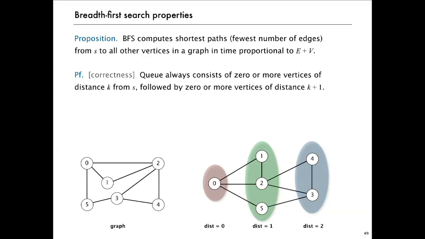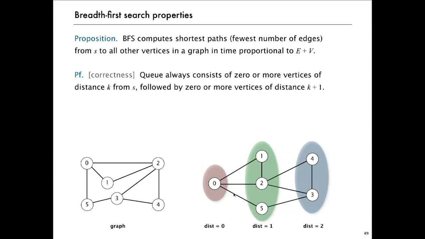So the first thing is, how do we know that it computes shortest paths? Well, the intuition is, and you can fill in the details, the queue always contains some vertices of distance k from the source, followed by some vertices of distance k plus 1. So they're on a queue. We're processing them in first in, first out order. So say we're at a state when all of these vertices are on the queue.